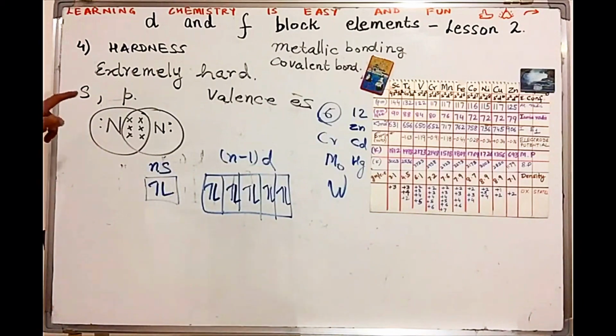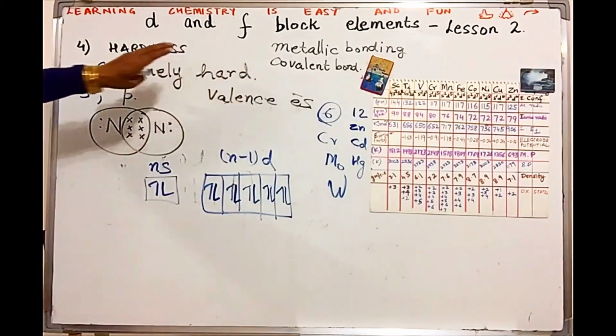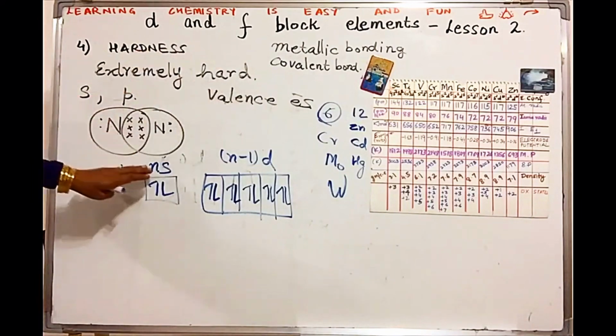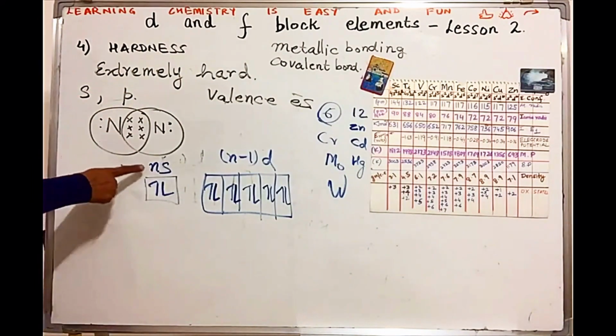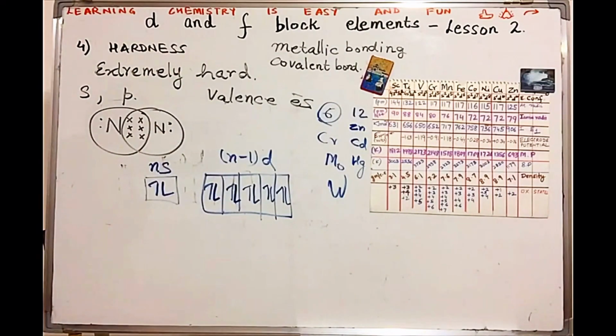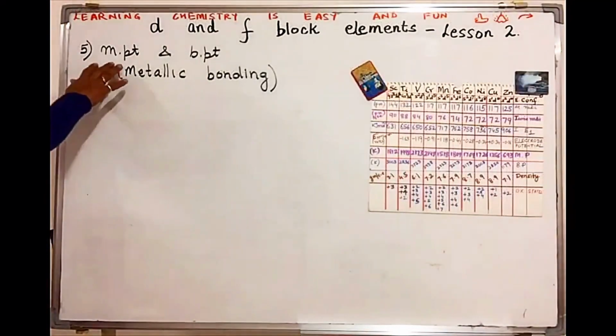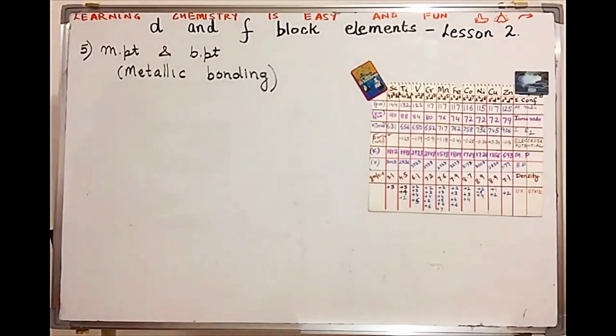So you have to again explain hardness on the basis of the electronic configuration and the type of overlap which is taking place because of unpaired electrons in the ns and n-1 d orbitals, right? Let's go on to the next property then. Let us now correlate our understanding to melting point and boiling point.